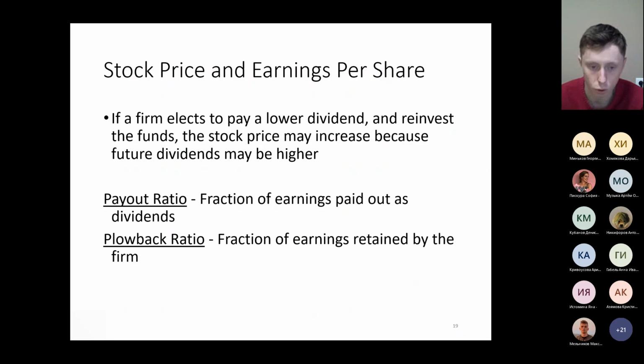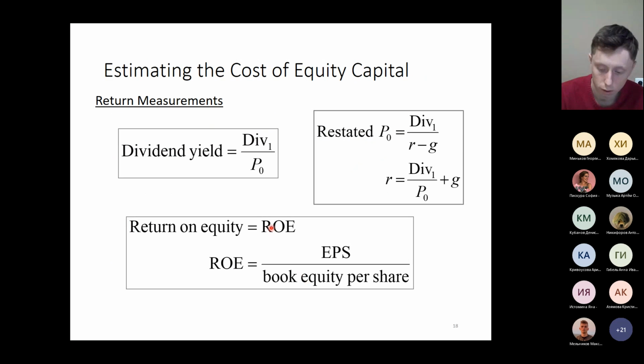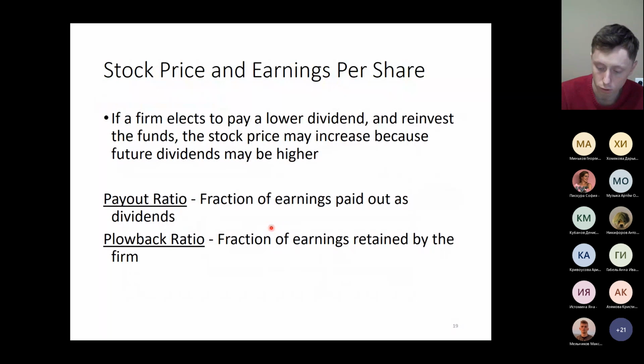So the combination of the return on equity plus the plowback ratio, out of those two values, we estimate the growth rate of the firm. This is something important, and this is the crucial part in the model of the stock price estimation.